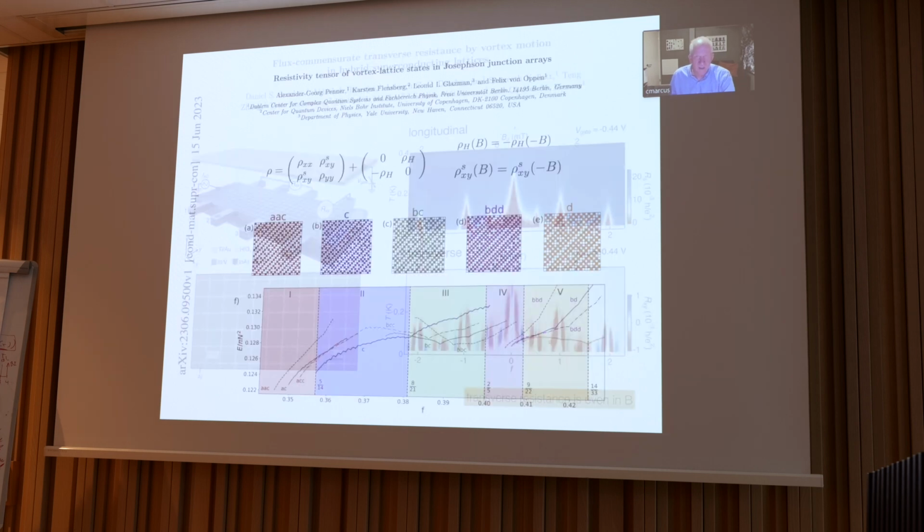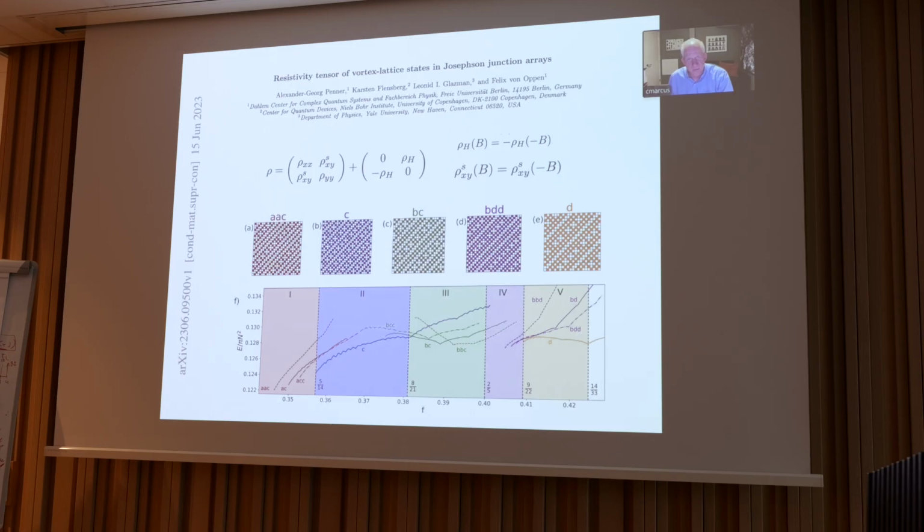There has been some work on this from my colleague at Copenhagen, Carsten Flensburg, and also working with a student, Alexander George Penner, and Glasman and Toronto, which introduced a symmetric part of the off-diagonal resistivity tensor that complements the usual anti-symmetric Hall part, with the characteristics that the Hall part is, of course, an odd function, whereas this symmetric part is an even function of field.